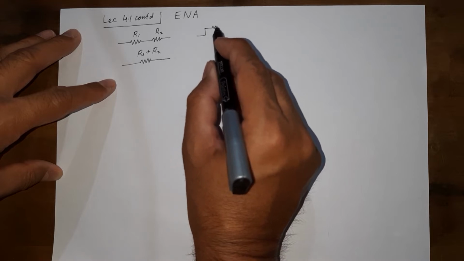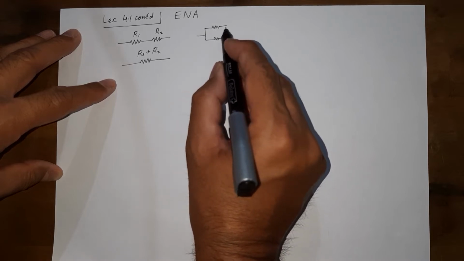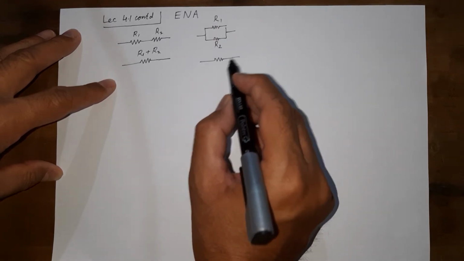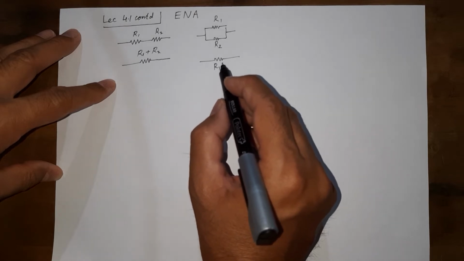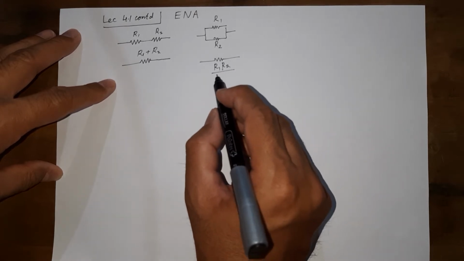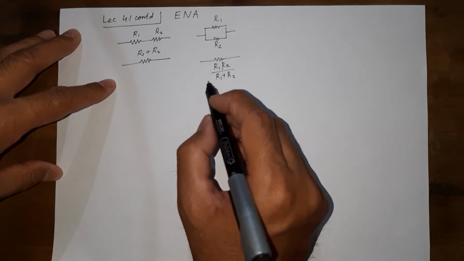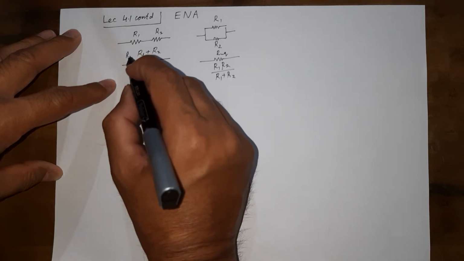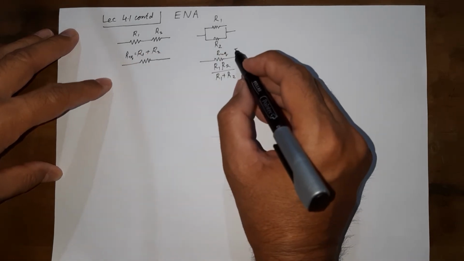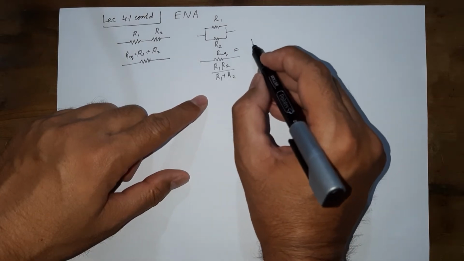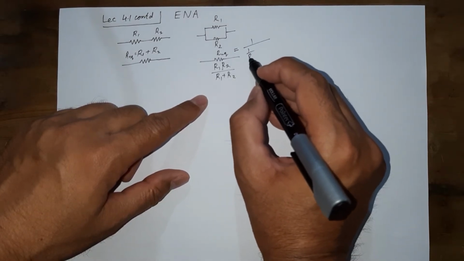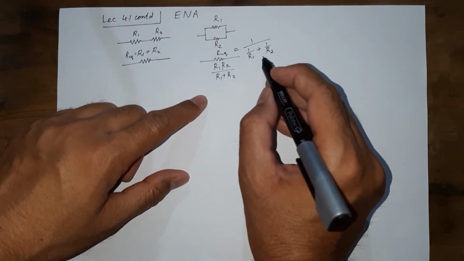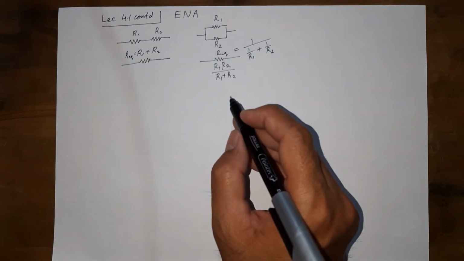And if we have two resistances in parallel, then their equivalent would be a resistance that can be written as R1 multiplied by R2 over R1 plus R2, or this equivalent can be written in this fashion, that the reciprocal of the sum of the reciprocals is going to be the same thing. LCM here would be R1, R2, it's going to go up, etc.